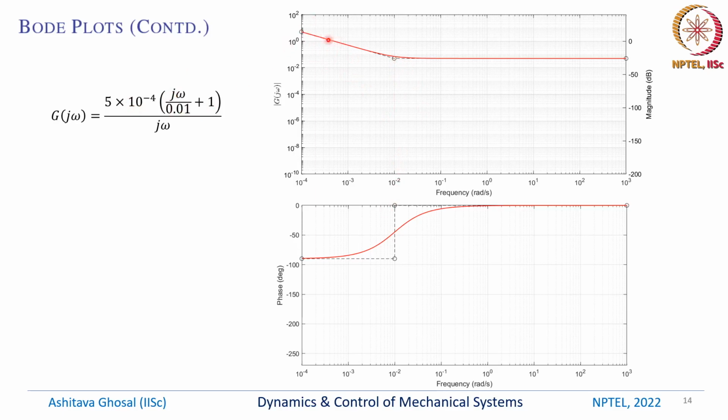This part was this magnitude, and then it goes up. So the effective plot will be this, and the phase will look like this. It starts from minus 90 and goes to 0, and in between we have 0.01, which is 10 to the minus 2, the frequency in radians per second. That is where the change is happening. The dotted lines are the asymptotes.